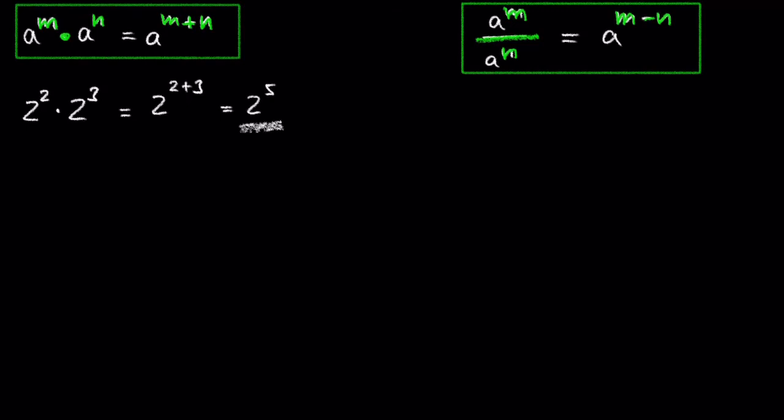In other words, the law tells us to keep the base, which is 2, and add the exponents, which are 2 and 3. But let's see if this is really true.